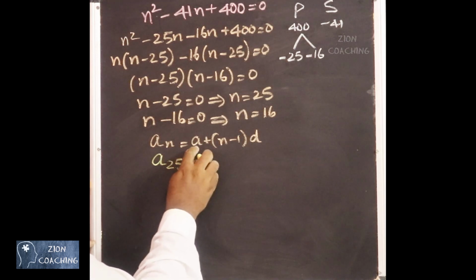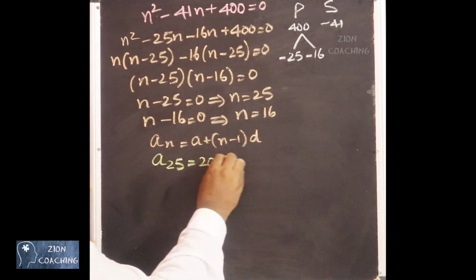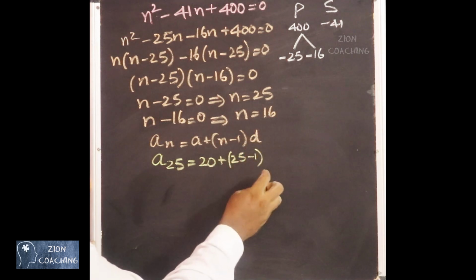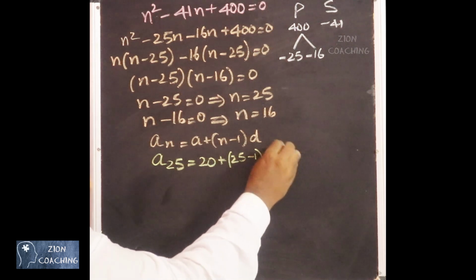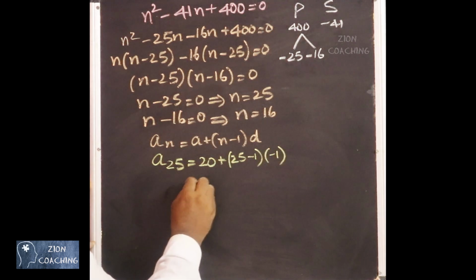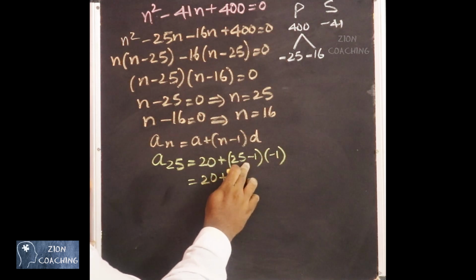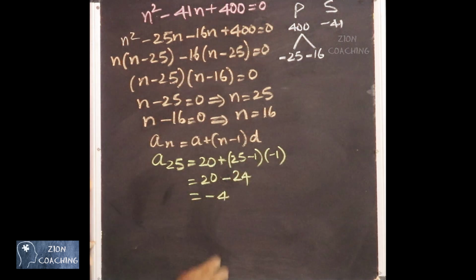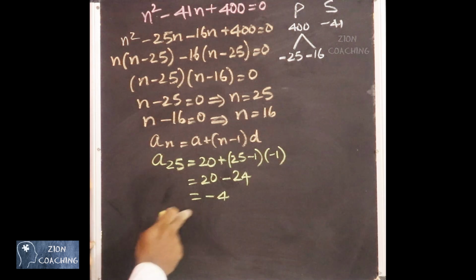A25, the row at the top, is going to have 20 plus 25 minus 1 into d, where the d value is minus 1. So we will have 20 plus 24 into minus 1, that is minus 24, which is minus 4. This is not possible because in a row there cannot be minus 4 logs.